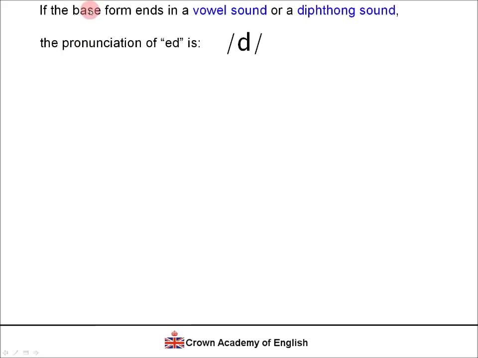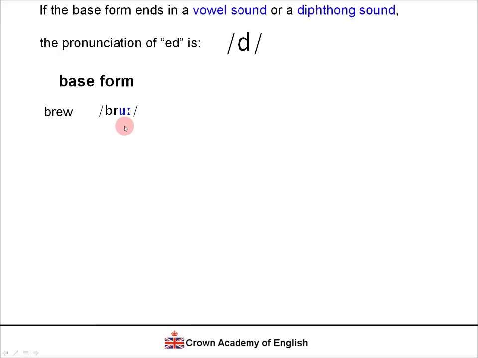So, if the base form of the verb ends in a vowel sound or a diphthong sound, then the pronunciation of ED is d. So, the base form, for example, the verb brew in the base form. Listen to the pronunciation. Brew.